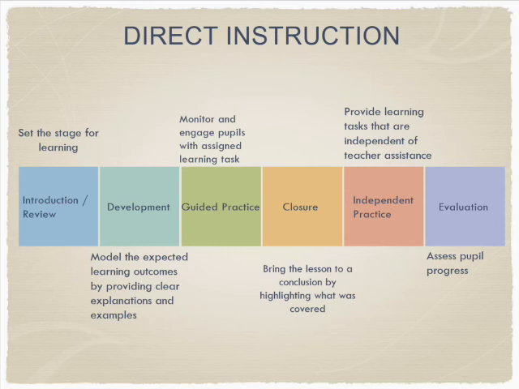Now, if you're interested in reading up a bit more about direct instruction, Paul Kirschner is a good person to look into. He is a big advocate of direct instruction, as is John Hattie. In the book Visible Learning for Teachers, you can look at chapter 4, which takes you through this method as well.